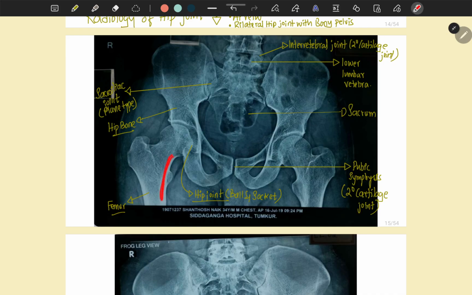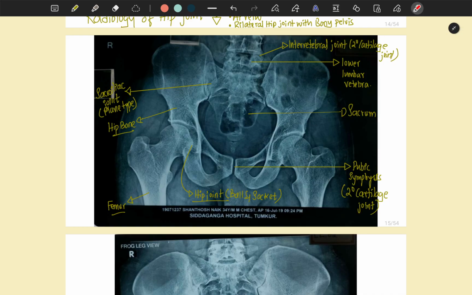What is the role of this? This transmits the weight of the body from the head to the neck, that is linea aspera. And another ridge, from the greater trochanter to the head along the upper border of the neck, is called the cervical torus.